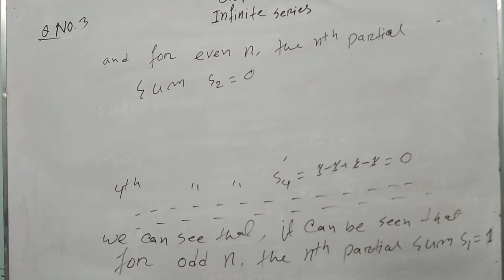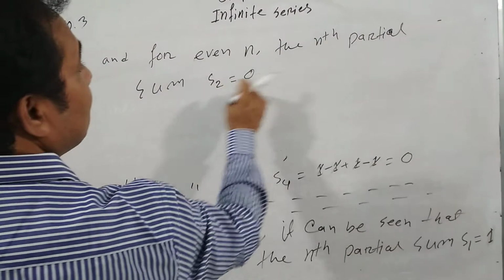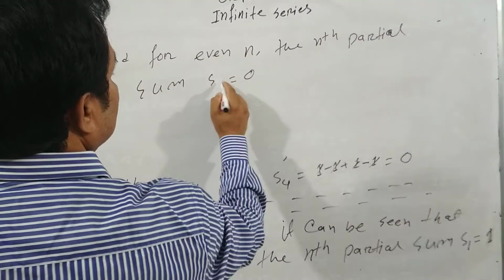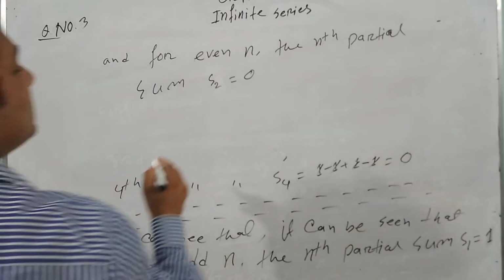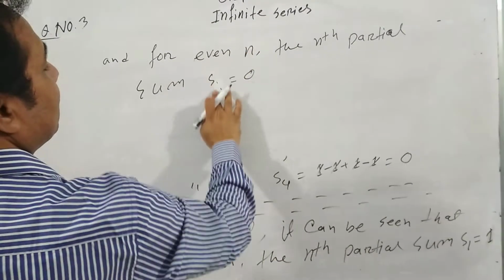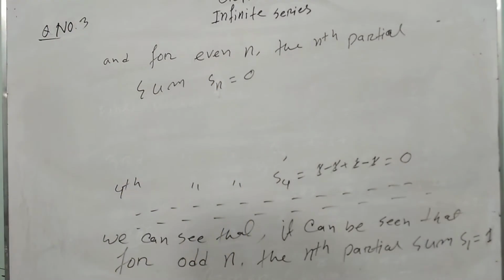We can see it in the example above. Here Sn is 0 for even n, not odd.